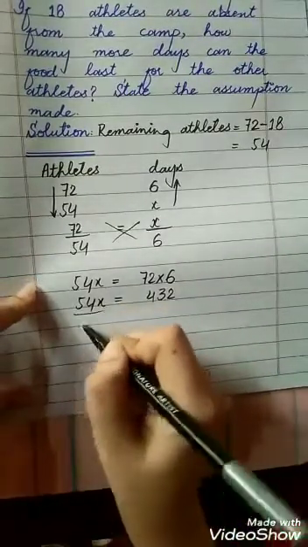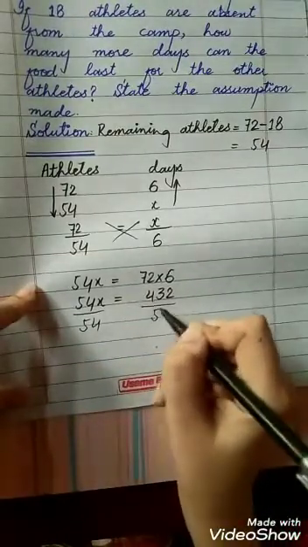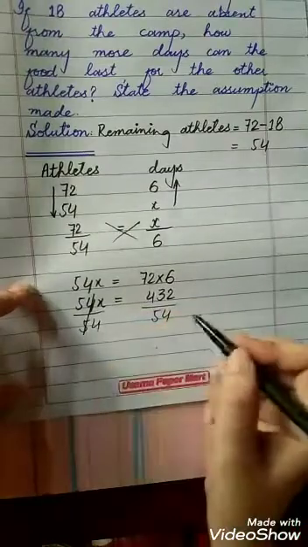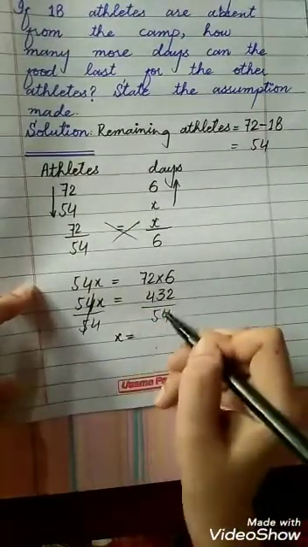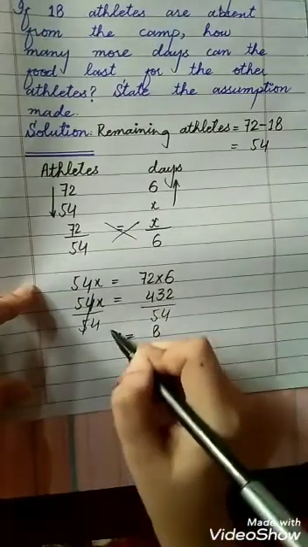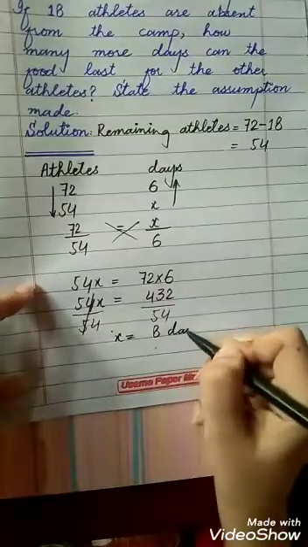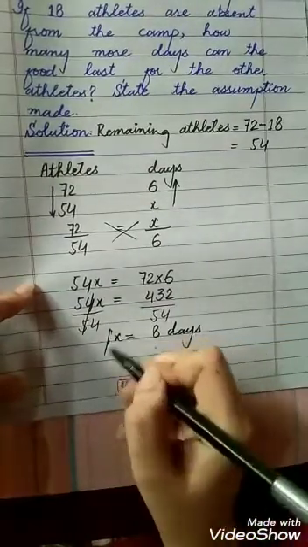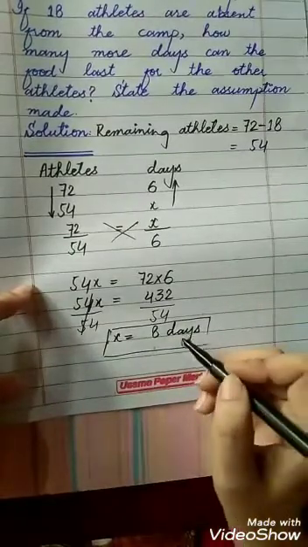So we will divide by 54 on both sides. These both are cancelled. So x is equal to, after dividing, we got 8. Means 8 days. They can eat the same food in 8 days.